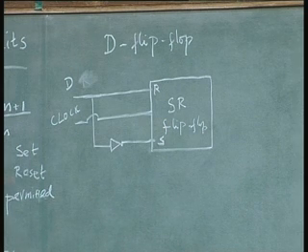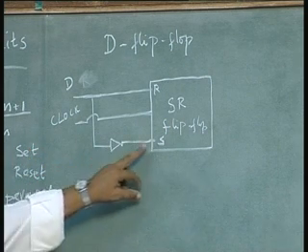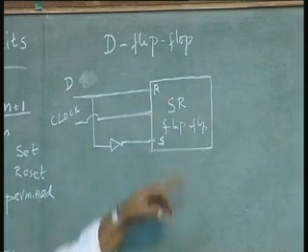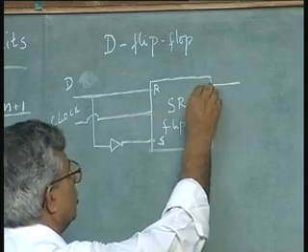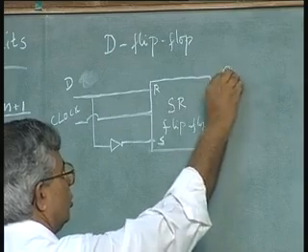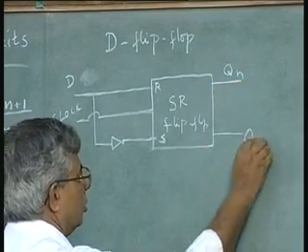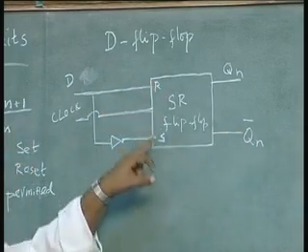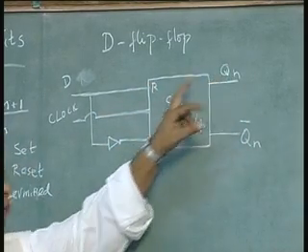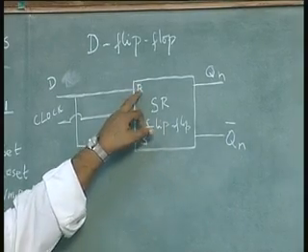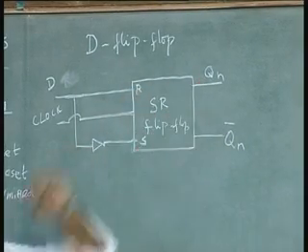A D input, if D is 1, D bar is 0, so if this is 1, this is 0, you get a Q equal to this one. This is 0, Qn will be 0. This is 1, this is 0, Qn will be 1.